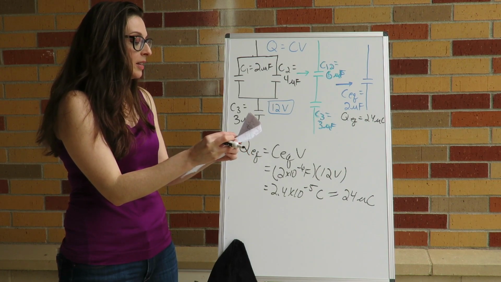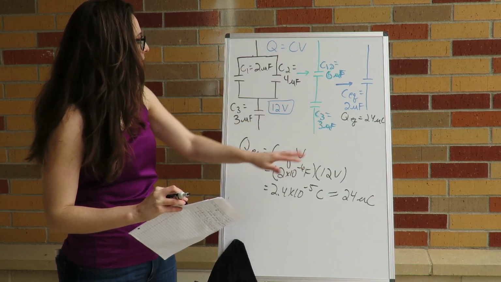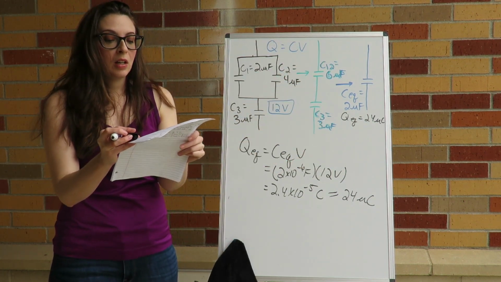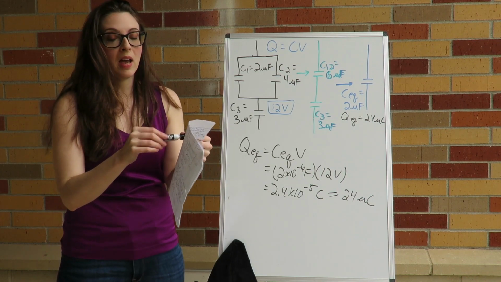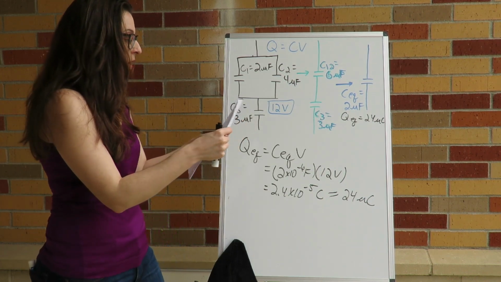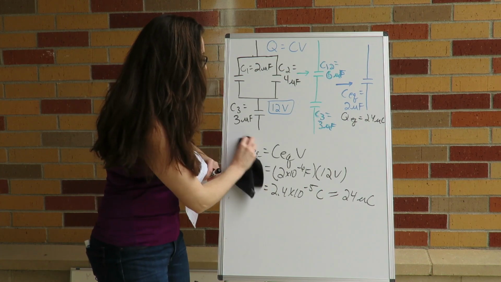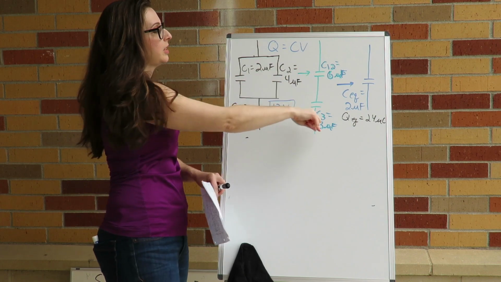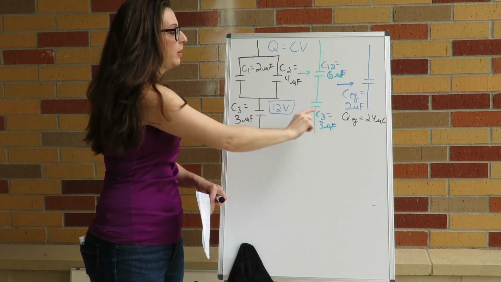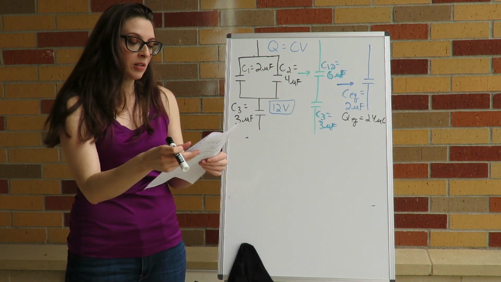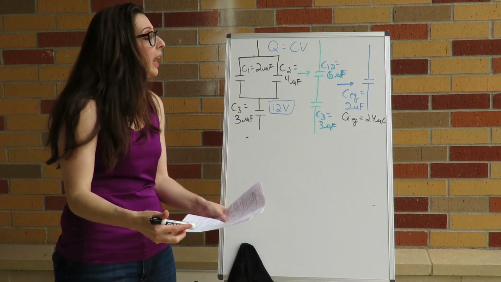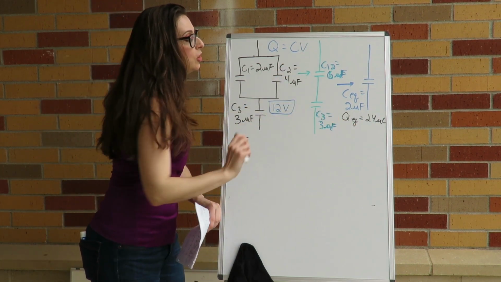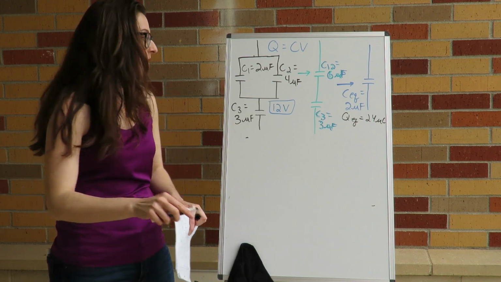Now, in series capacitors, the charge on each of the capacitors is the same. So that means that the Q, the charge on our capacitors here in series, C12 and C3, must be the same, and they're the same as the charge on our equivalent capacitor.